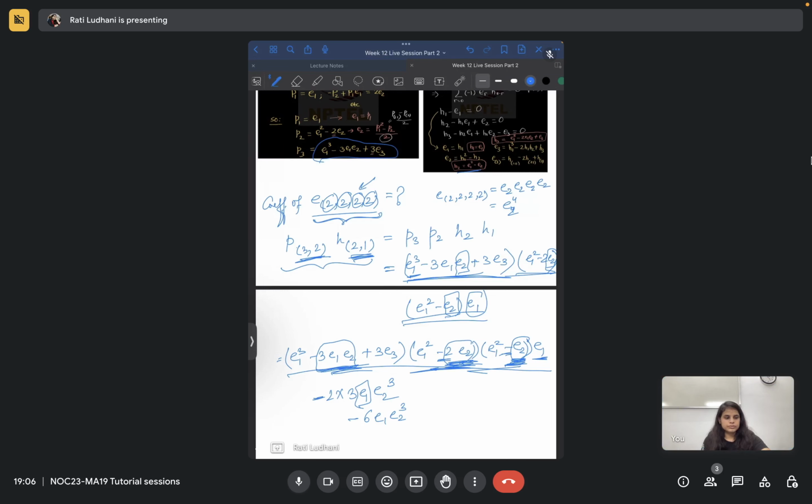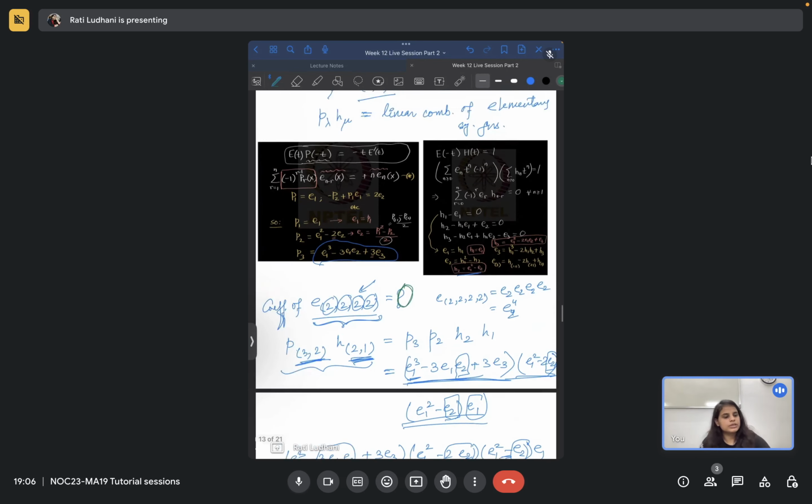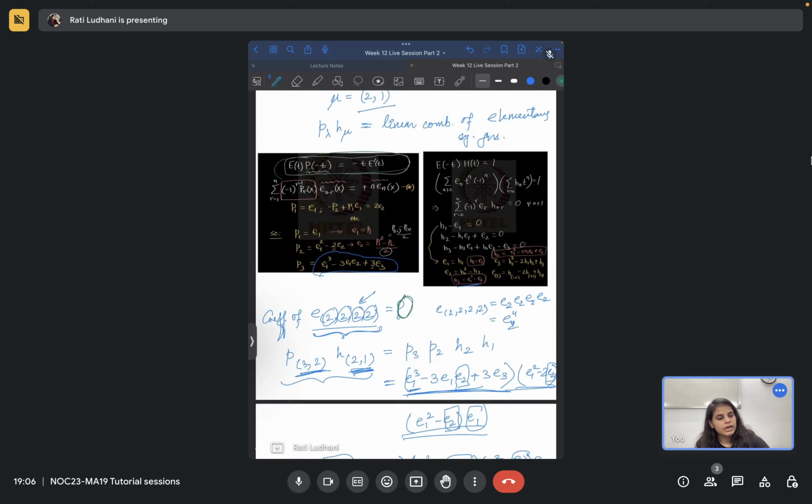Yes, ma'am. Okay, so the coefficient is going to be 0. If you don't remember the formulas, you just remember this thing, and all those things will follow. So if you remember this, then you can directly do all these steps, right?